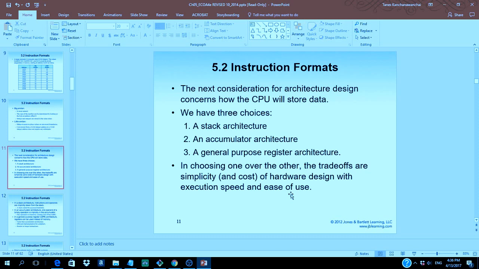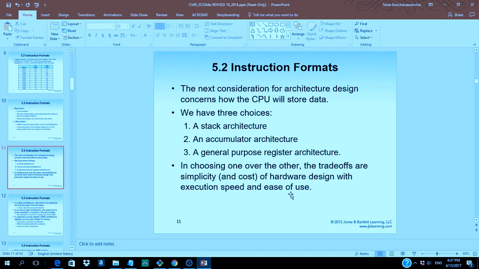All right, so the next consideration for architecture design concerns how the CPU will store data, right? Are you going to use stack architecture? Stack is push, push, push, right? Or you're going to use the accumulator architecture like the MARIE. AC is the one that has the accumulator register, right? Or you can use a general purpose register architecture, which is in Microsoft Assembly and MIPS, they have general purpose registers.